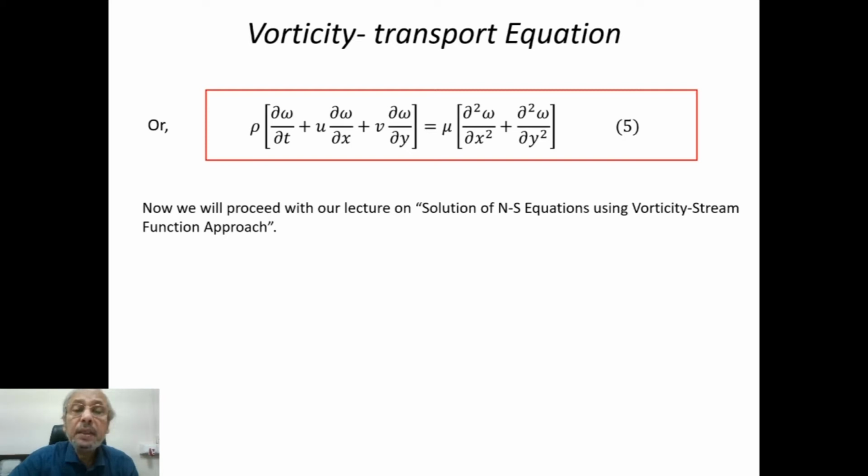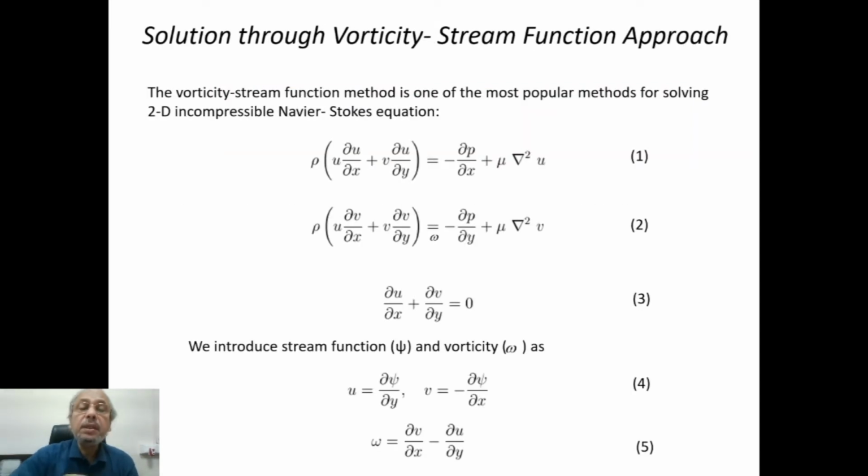Having done that, let us go to our main topic we decided to discuss today, that is solution through vorticity and stream function approach. So again, what we have done: we have written the x momentum equation as equation 1, the y momentum equation as equation 2, the continuity equation, and then we have defined u velocity and v velocity considering the presence of stream function in the flow field.